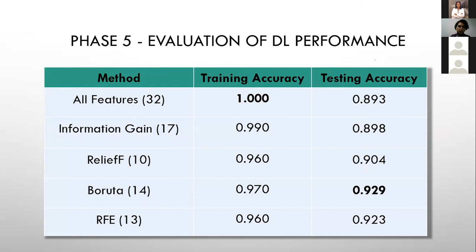But the most important thing to focus on is test accuracy, with just 20%. And in this study, the Boruta algorithm, which chose 14 attributes, got the best result, 0.929.